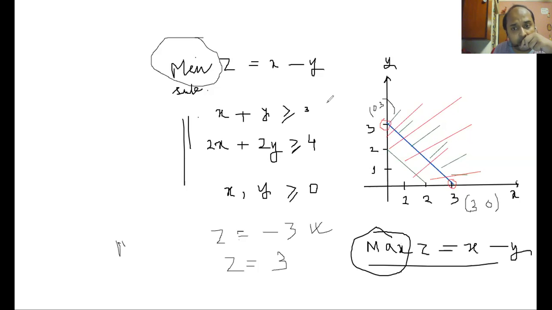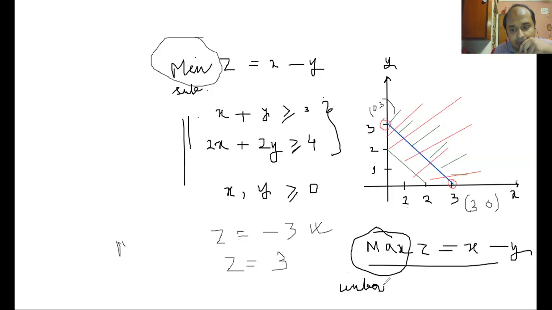So for these same constraints, if the problem is of maximization type, you can easily see that if we keep on increasing the values of x and y unboundedly, then your objective function will keep on increasing and getting maximized. So in this scenario, we shall conclude that the given problem has unbounded solution.